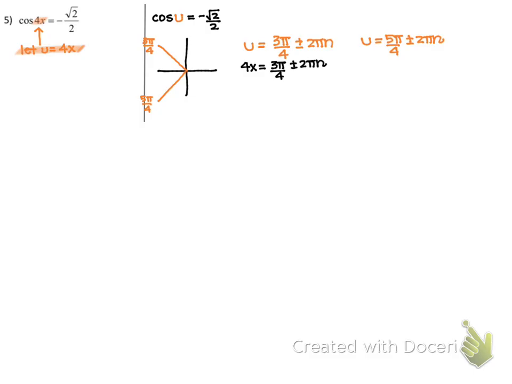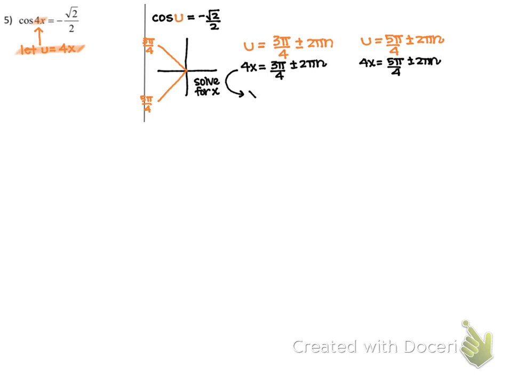And I have to do it for both of them. What you have to do is you have to solve for x. X was the original variable, so that's what you need to solve for.